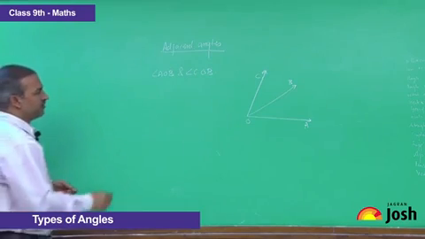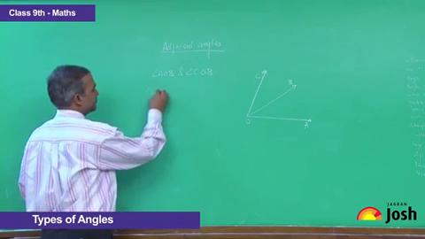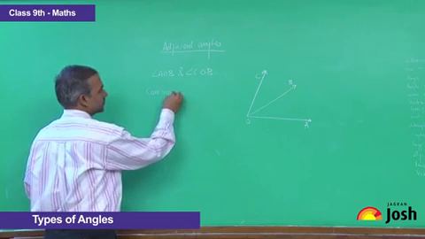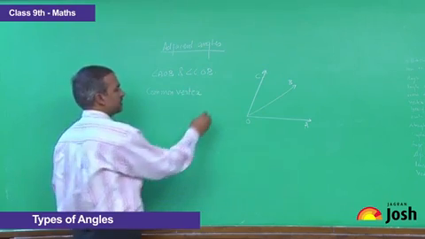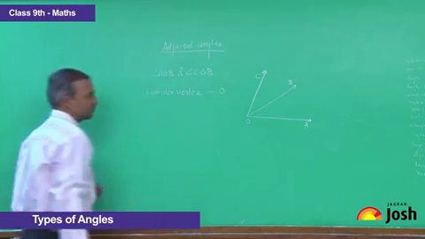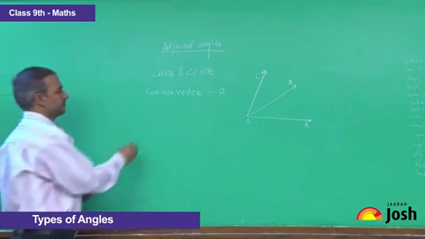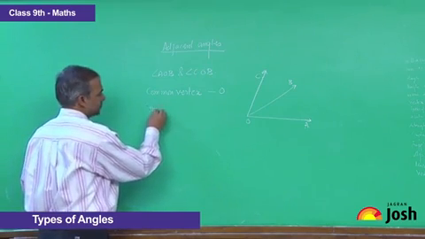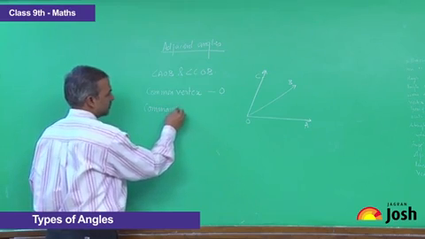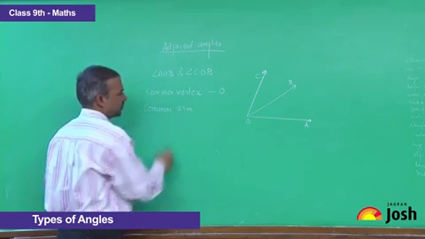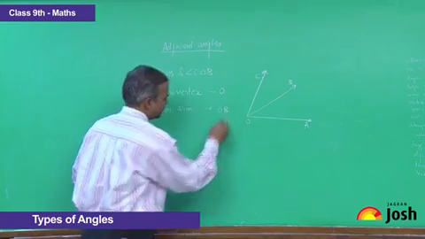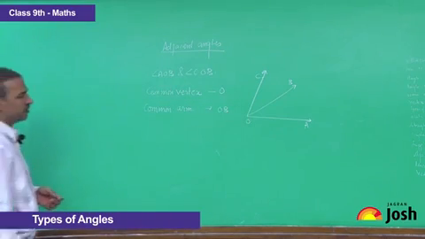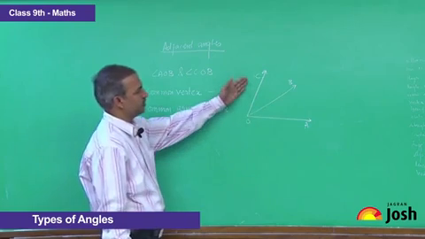they have a common vertex. The common vertex is O. They do have a common arm. The common arm is OB, and their non-common arms are OA and OC.